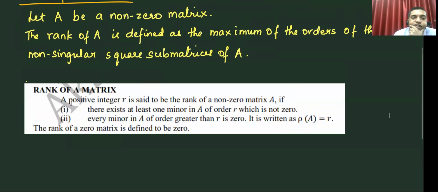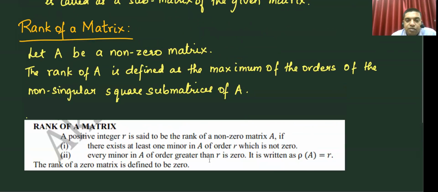A positive integer R is said to be the rank of a non-zero matrix A if there exists at least one minor in A of order R which is not 0, and every minor of A of order greater than R is 0.